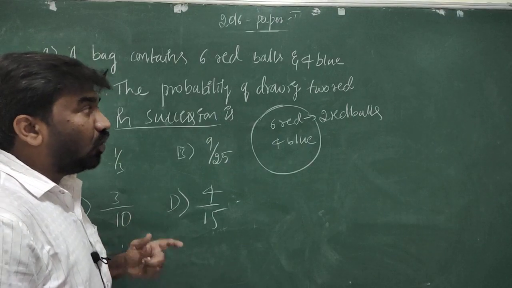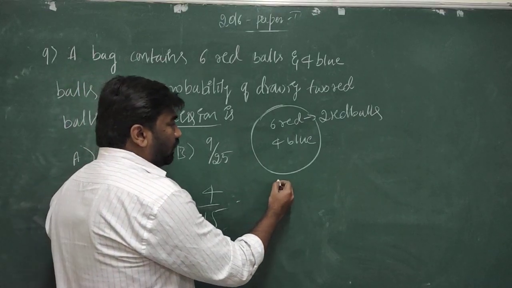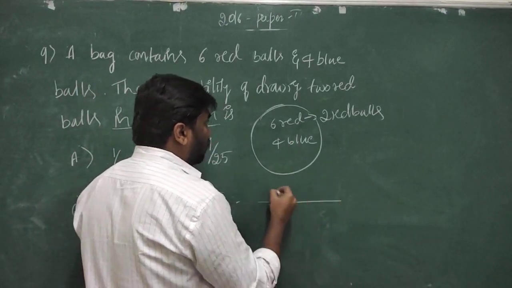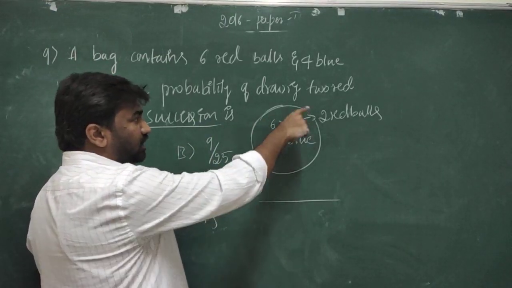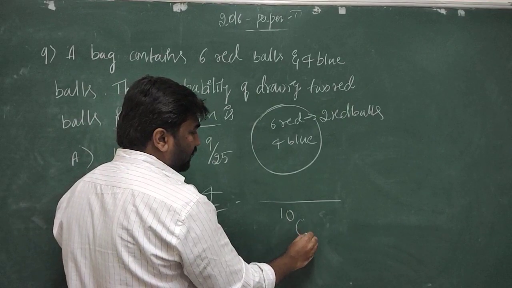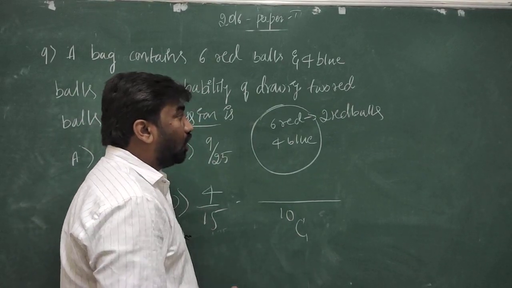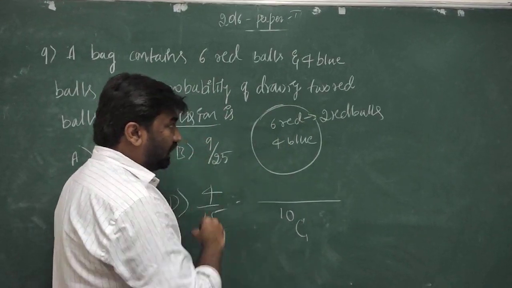If you take without replacement, then the formula is: total number of balls in the bag is 6 plus 4, 10, so 10C.